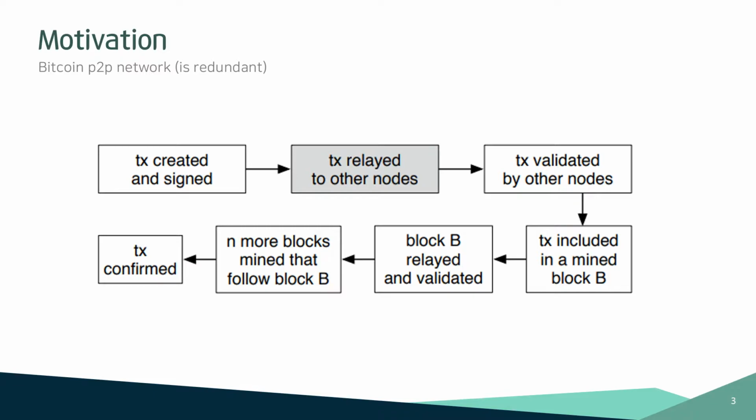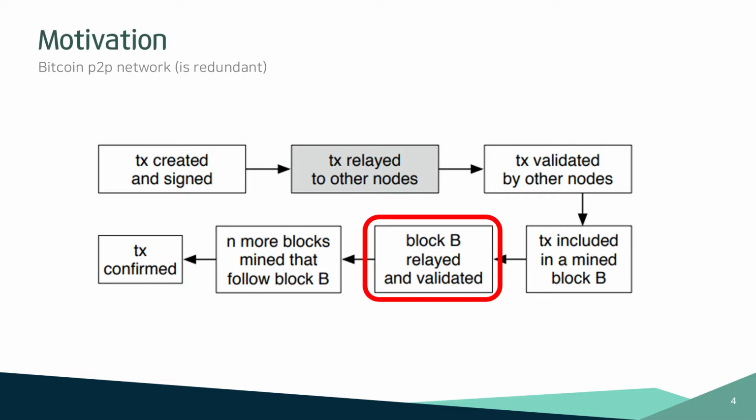After the block is mined, it is relayed and validated by other nodes. After n more blocks follow that block, the corresponding transaction is confirmed, and this is the end of the transaction's life cycle.